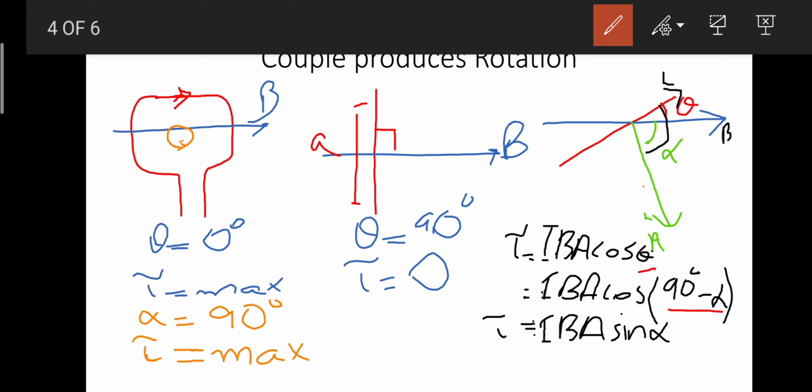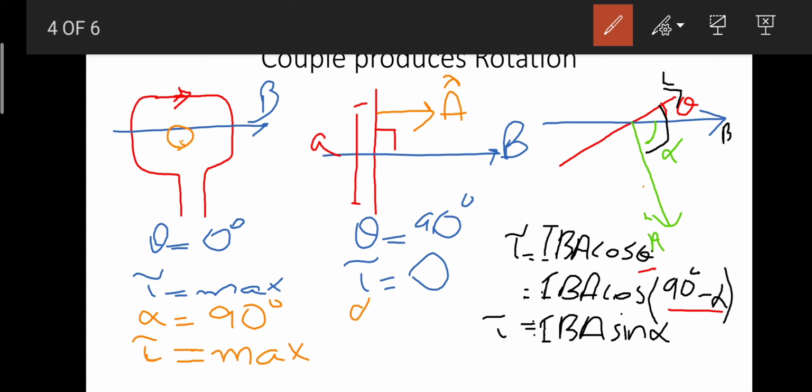Now coming to the next example, in which the coil was standing in this condition. If I draw the direction of the vector area, it would be like this. Now you see that the angle between A and B is going to be 0 degrees.